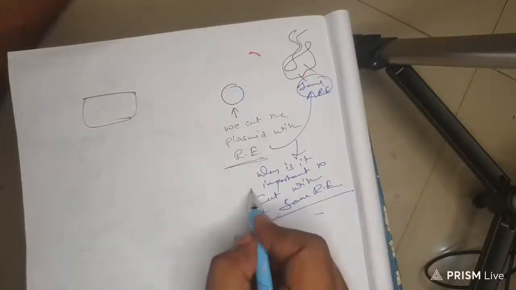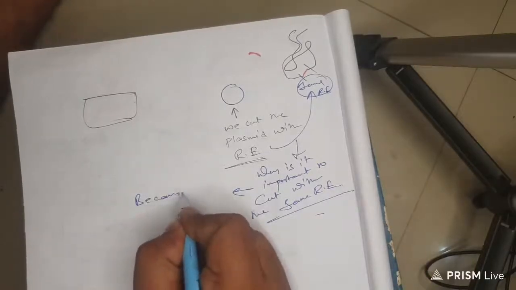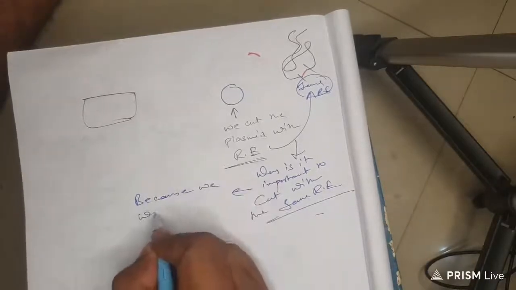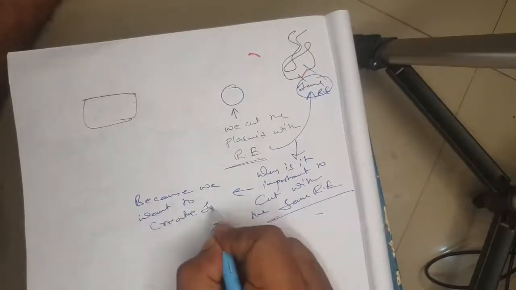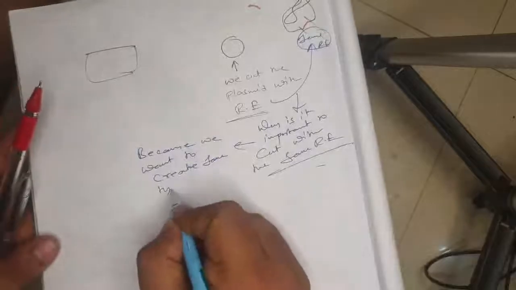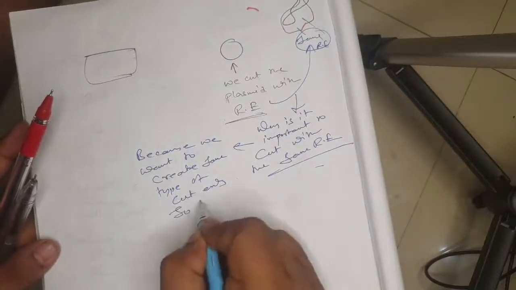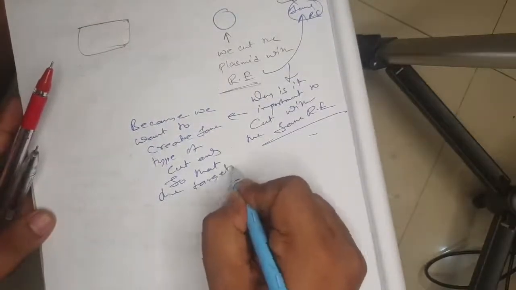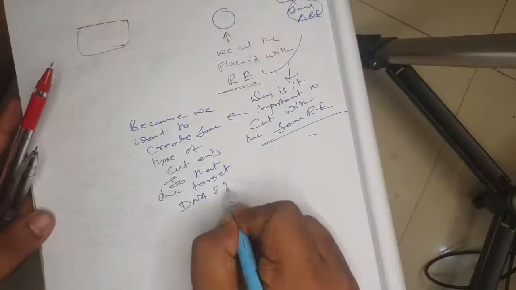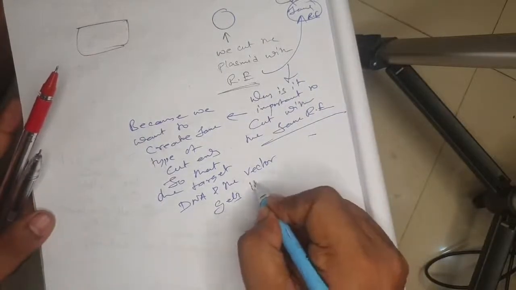It is important to cut with the same restriction endonuclease because we want to create the same type of cut ends so that the target DNA and the vector get ligated easily.